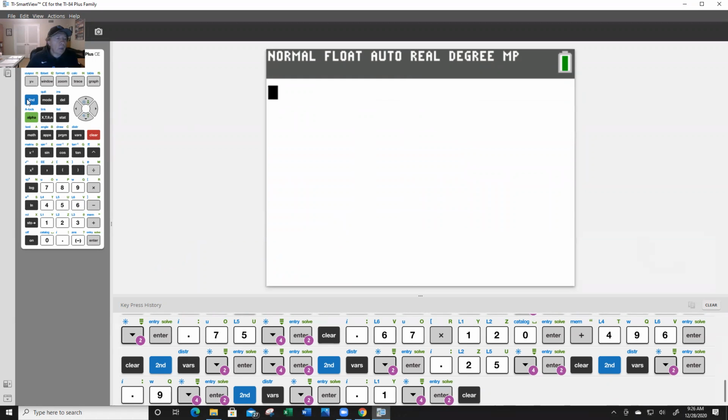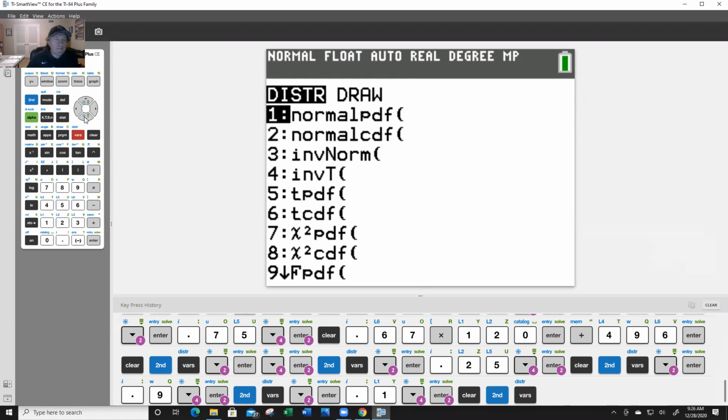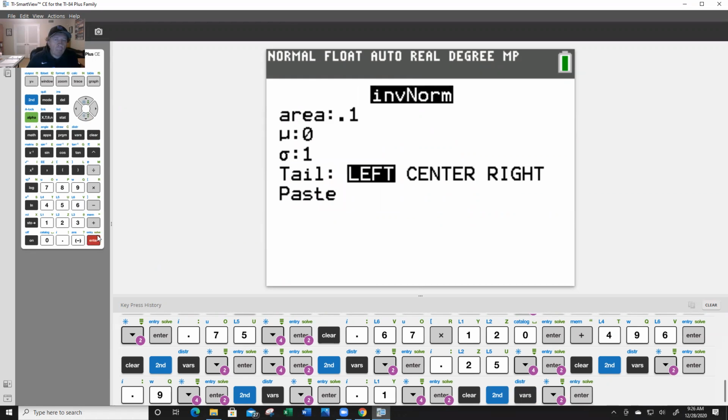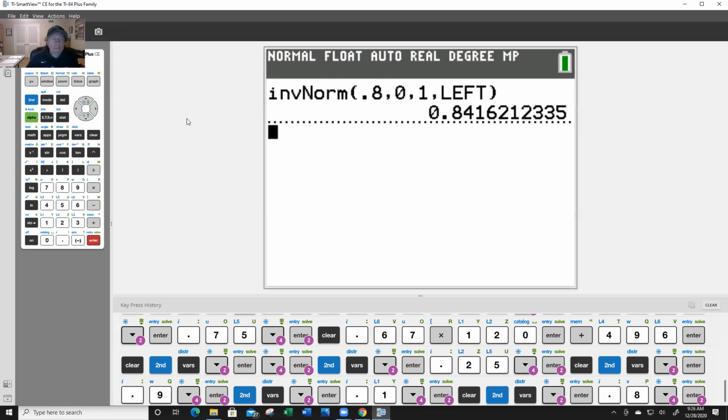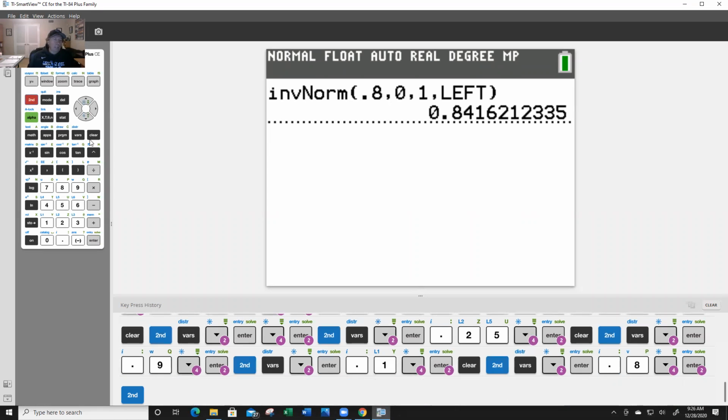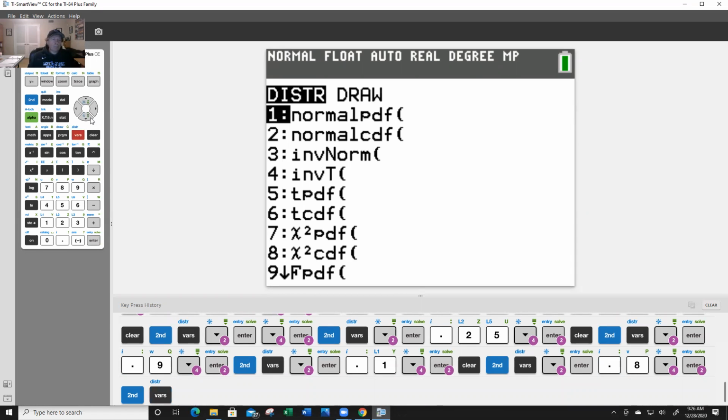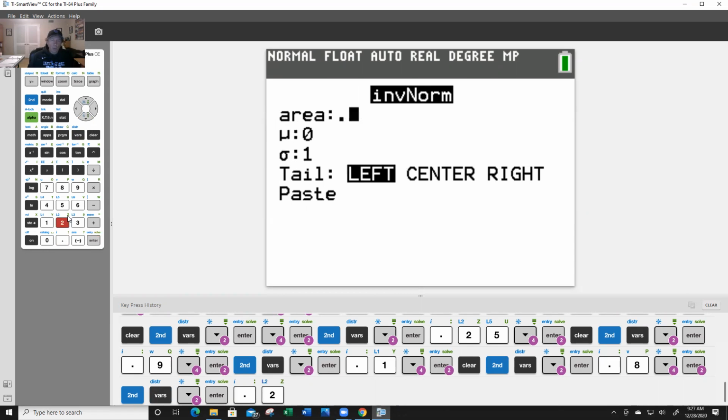So I'm going to go second distribution, inverse norm, and I want the 80th percentile. 0.84. Now I should already know if the 80th is 0.84, the 20th, which is the reflection, should be negative 0.84, but I'm just going to do it anyway. Second distribution, inverse norm, 0.2.